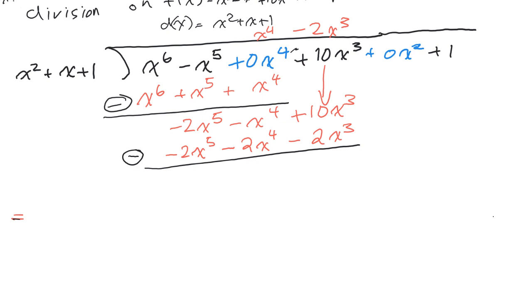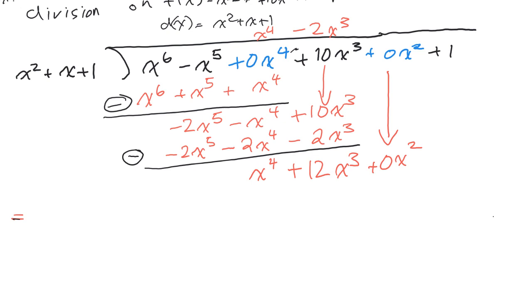Negative 1 x to the 4 minus negative 2x to the 4 really means plus, so minus 1 plus 2 gives us x to the 4. And then the same happens for this, so we end up with positive 12x cubed. Now we must bring down the next value. So we have 0x squared.